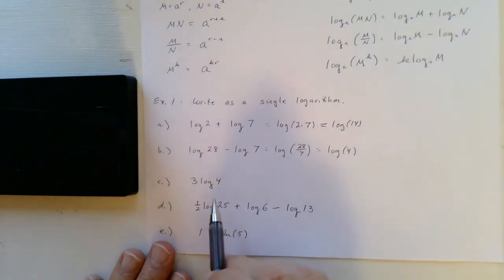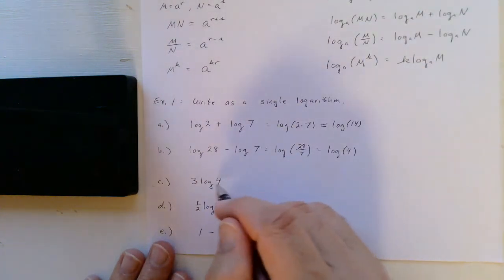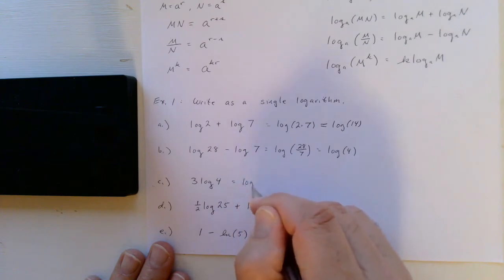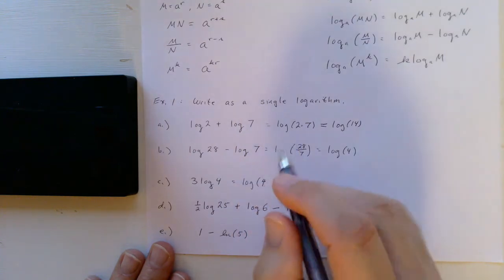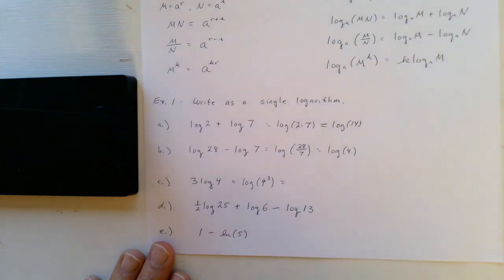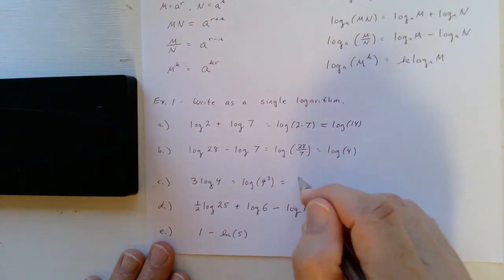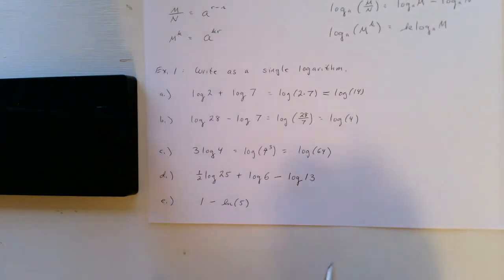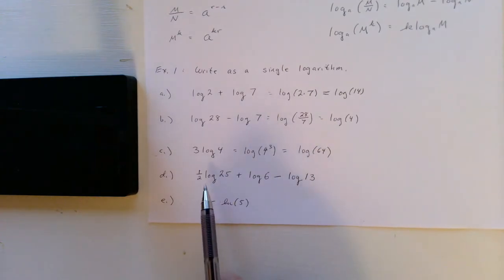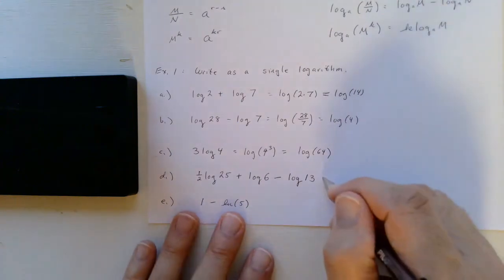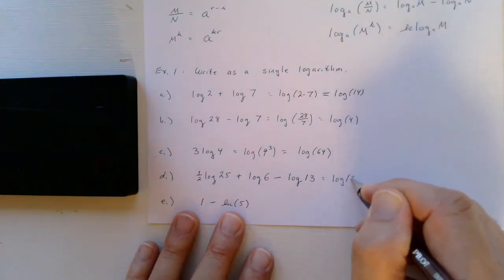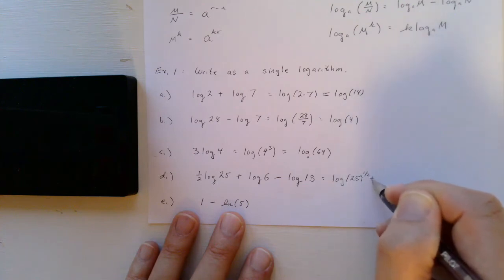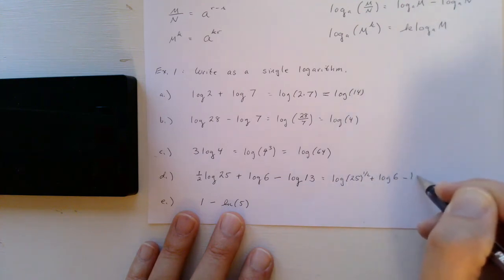Here we have 3 log 4. Well, we can bring the 3 up in front, so this is the log of 4 to the 3rd power, which you can either use a calculator or work out yourself. This is the log of 64. For this next one, we have to do a couple steps. We can take this 1/2 up in front, so this will be the log of 25 to the 1/2 plus log 6 minus log 13.